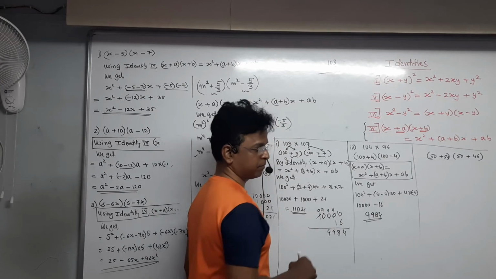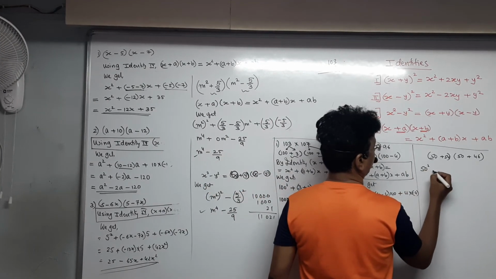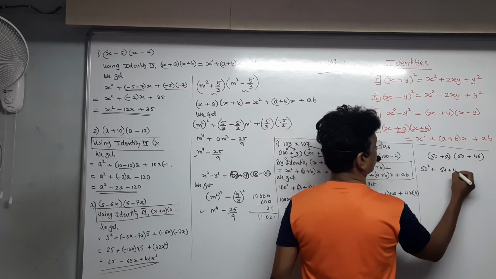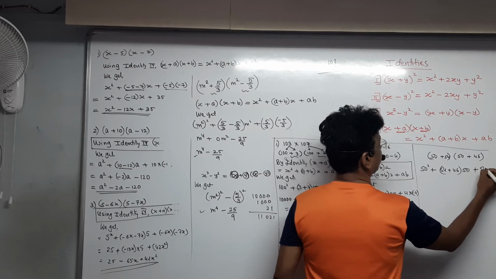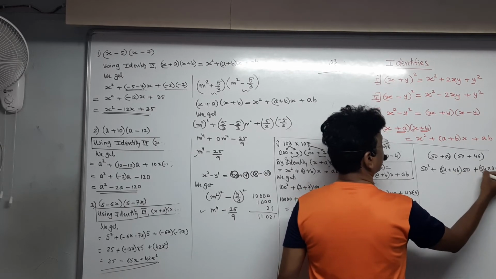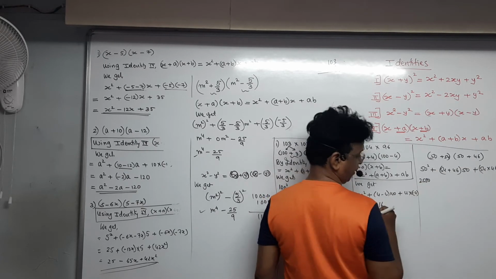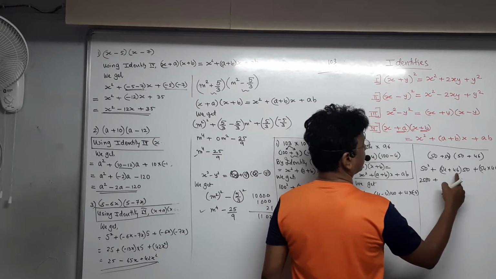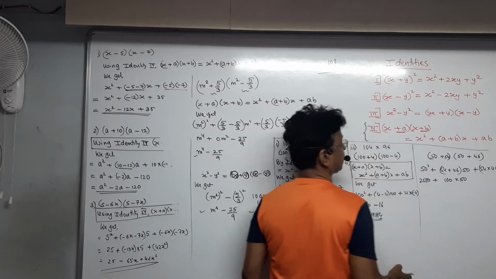Yes, sir. And if you had done it the other way, you would have got 50 square plus (54 plus 46) into 50 plus 54 into 46. This is all you have to do. 50 square will be 2,500. Adding 54 and 46 will become 100, into 50.